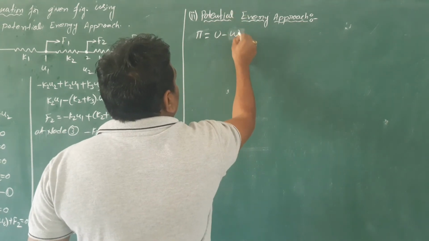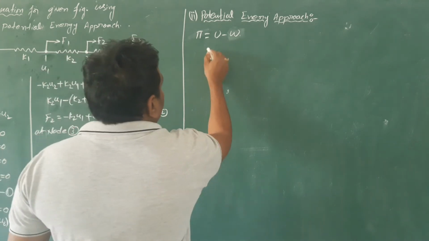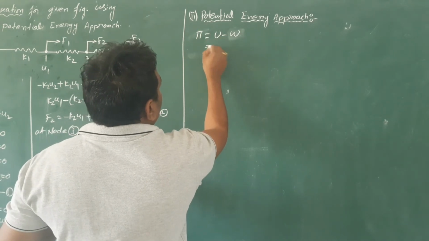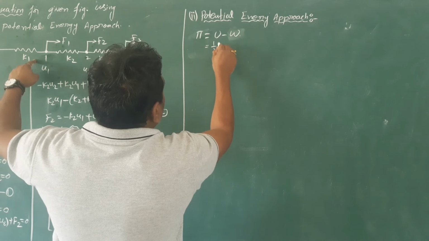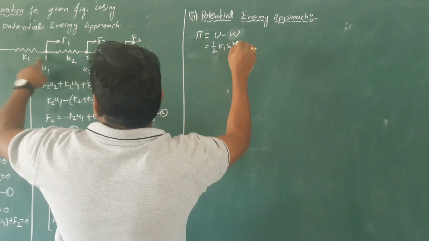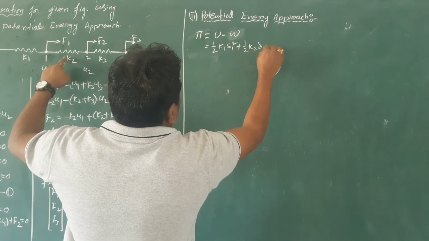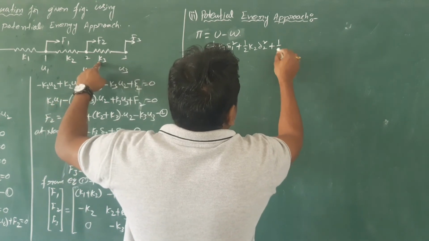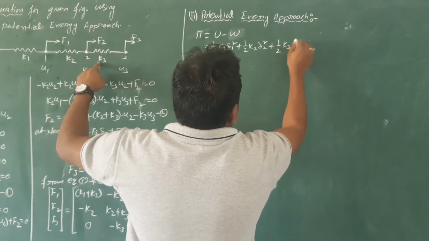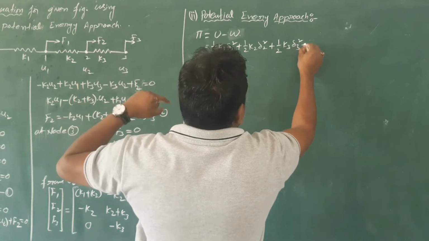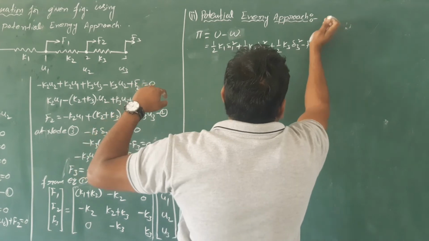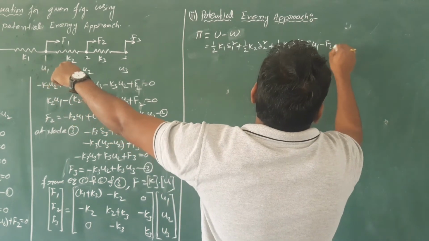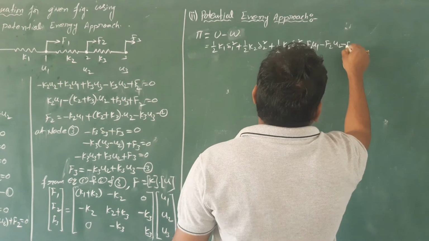Now, the strain energies for the entire spring elements K1, K2, K3: we can write half K1 delta 1 square plus half K2 delta 2 square plus half K3 delta 3 whole square, minus F1 U1 minus F2 U2 minus F3 U3.